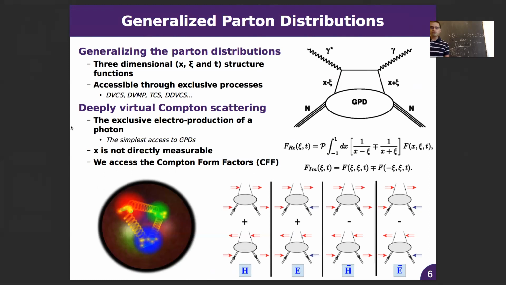So if you can get to the point where you measure most of those, you can get a reasonable constraint, but you really have no idea of the shape as a function of x. DVCS is not going to tell you anything about that, and that's a little bit of an issue, I'd say.